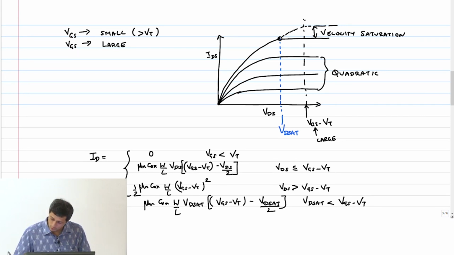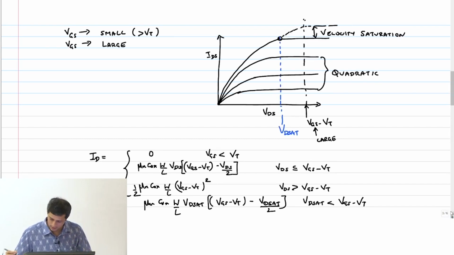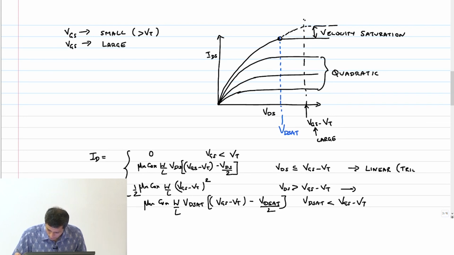So now what I will do is, we have too many regions of operation: linear region, saturation region, velocity saturation region. By the way, let me just put it down. This is linear, or triode, or resistive region. It behaves like a voltage controlled resistor in that region.